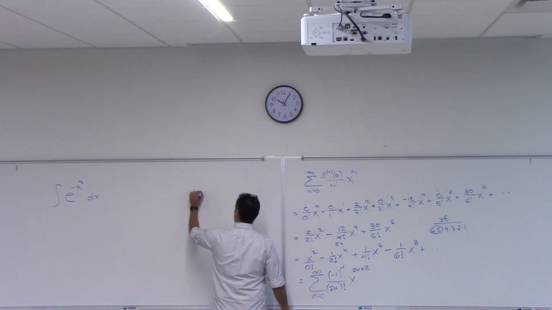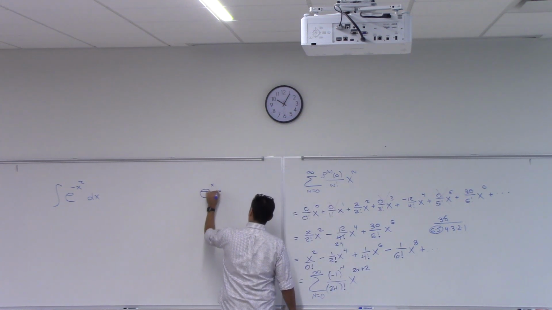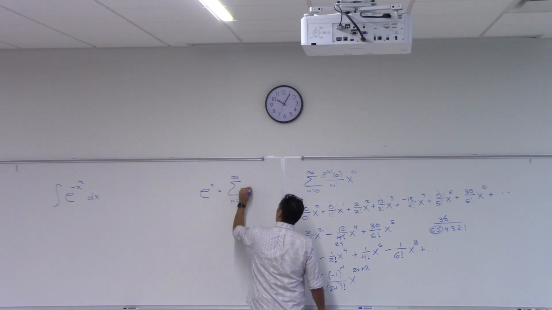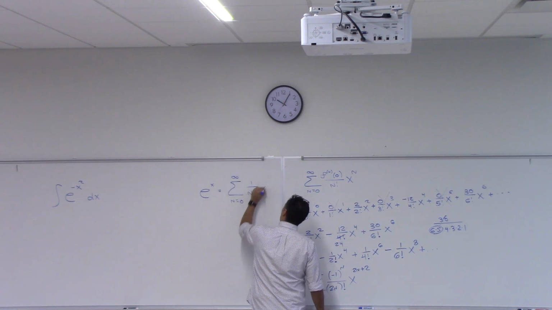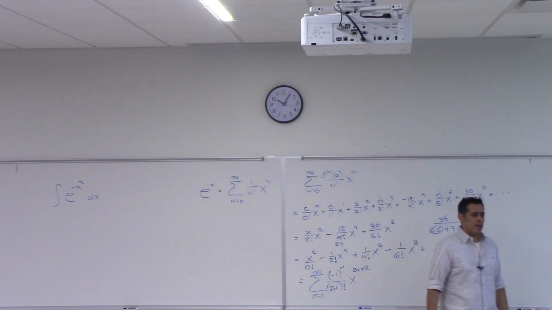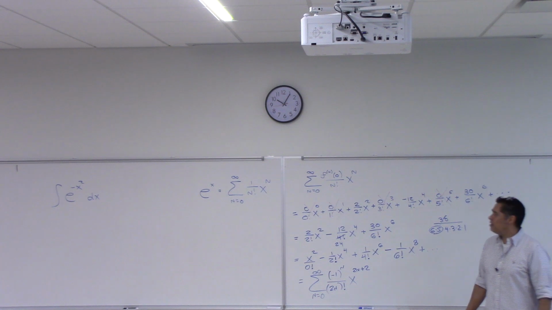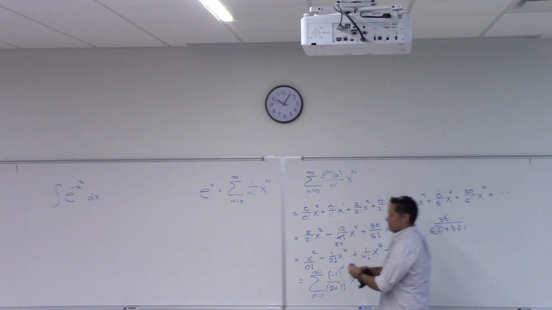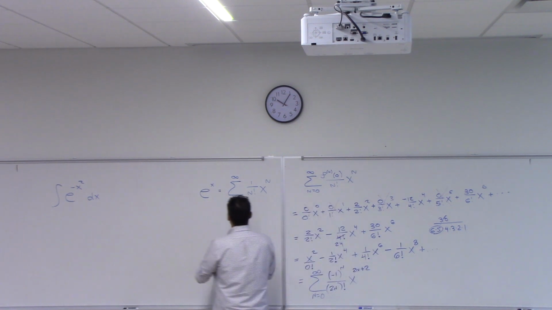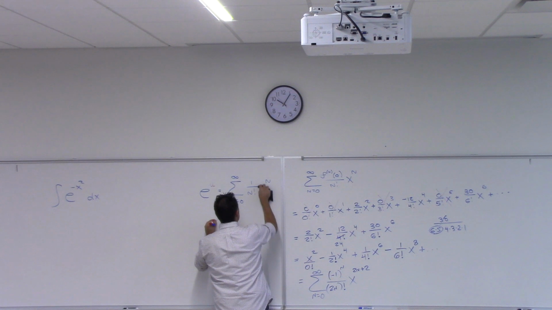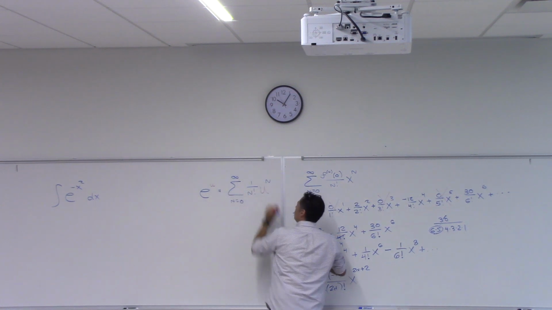But we know that e to the x is the sum n equals 0 to infinity of 1 over n factorial x to the n, right? We derived that in the first example I did today. That is the Maclaurin series for e to the x. Well, one of the great, beautiful things about Maclaurin is that this can be anything, u. And then you just replace this right here with u.